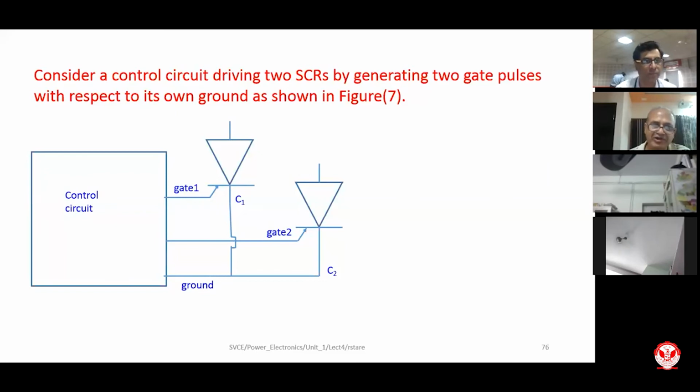My switches will be destroyed, my control circuit will be destroyed, terminals, my operating personnel will also be put in danger. So I cannot connect my control circuit directly to the same ground. In most of the cases, it will create a short circuit through the ground of my control circuitry.